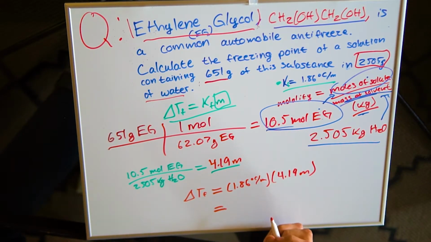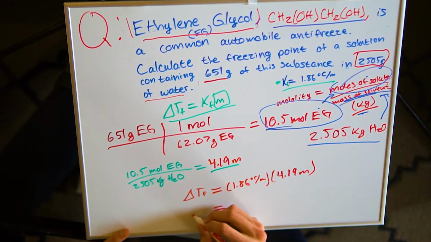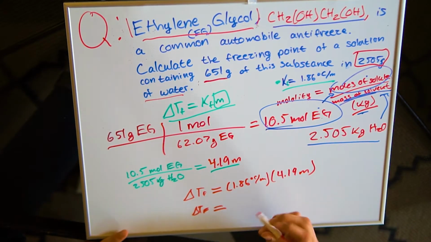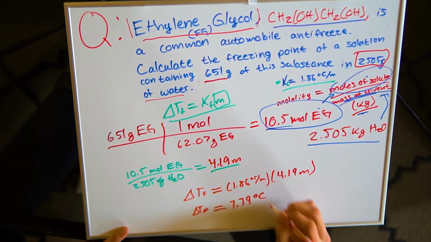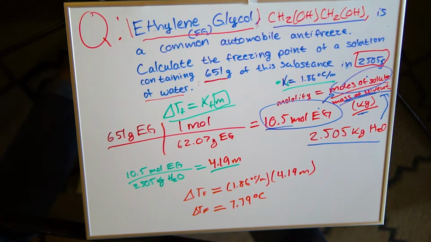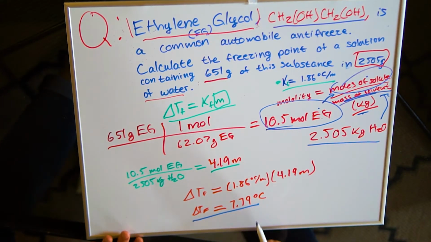Multiply those, and it's going to give you, freezing point depression is 7.79 degrees Celsius. Now you might tell yourself, oh, we're done, but not quite.